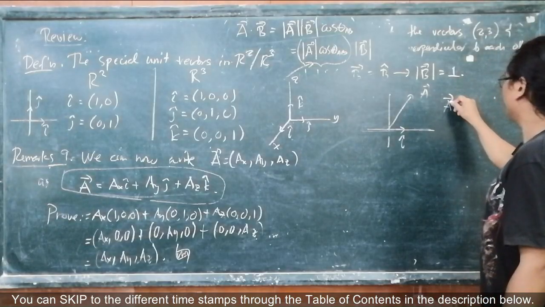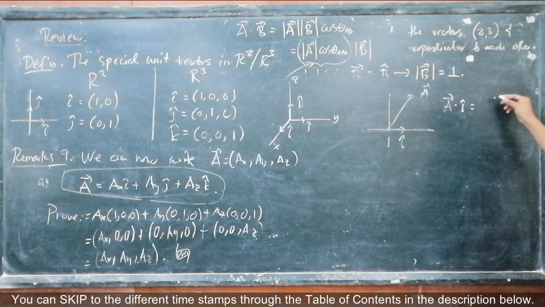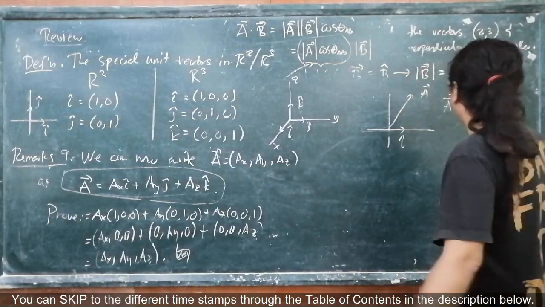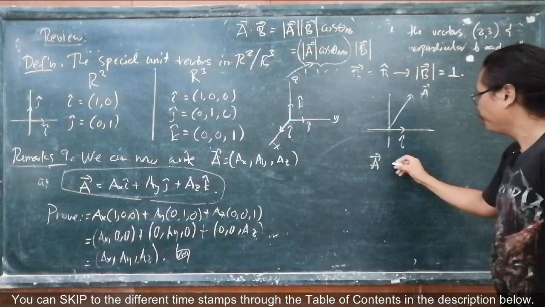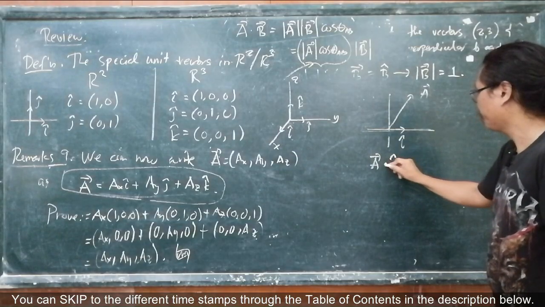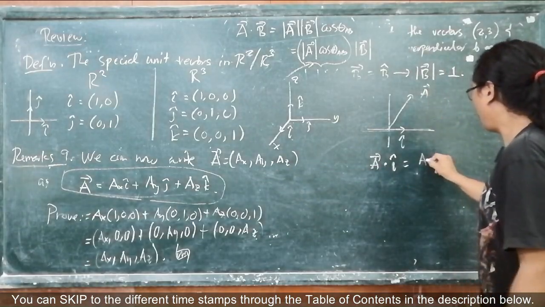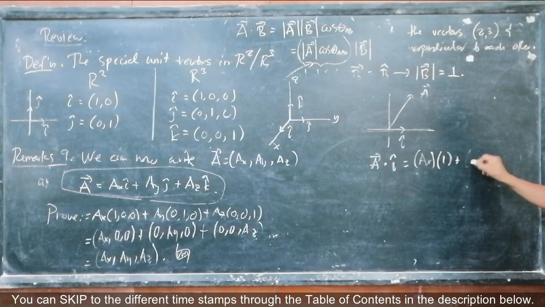What's A dot i? By definition, A is given by this. So A dot i hat is equal to what? A is given by this: ax times 1 plus ay times 0 plus az times 0.